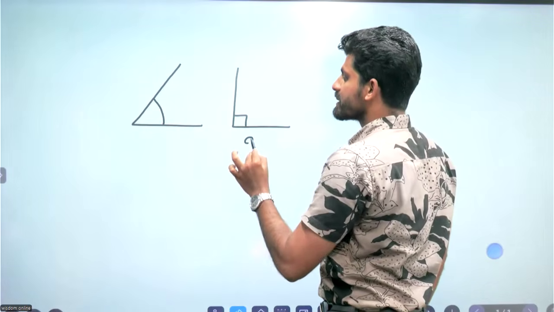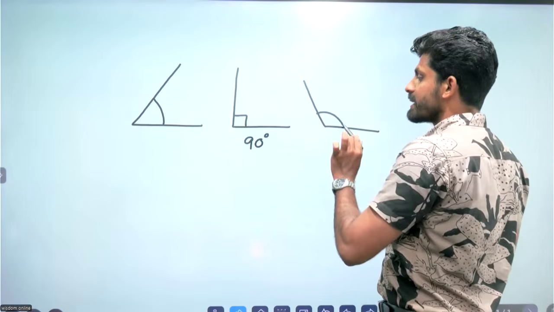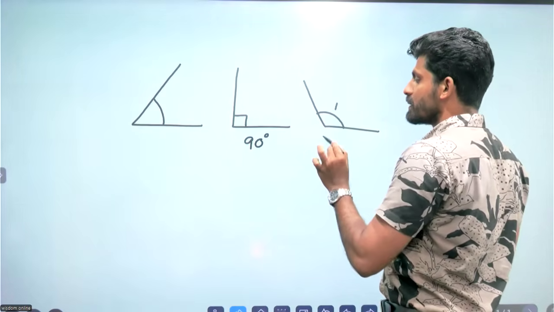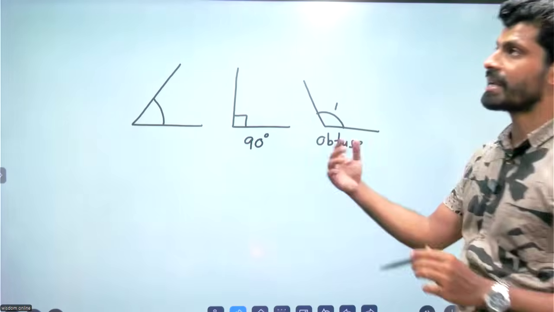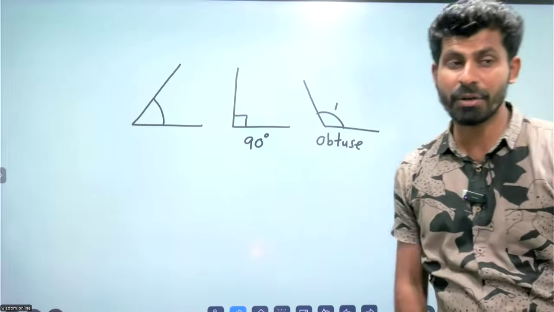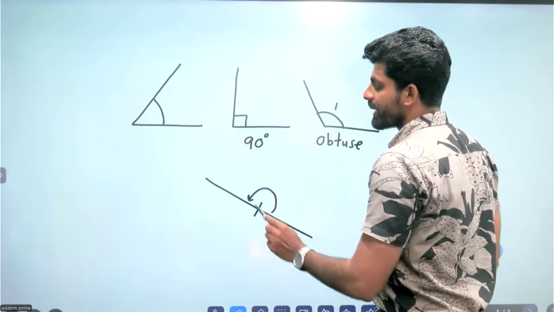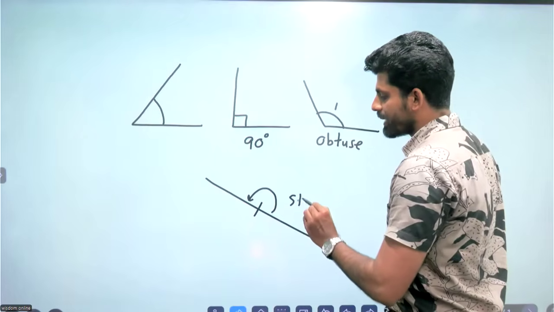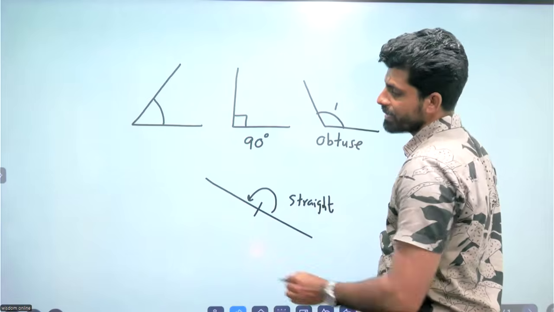Right angle means 90 degrees. Obtuse angle is more than 90 degrees and less than 180. Straight angle means 180 degrees.